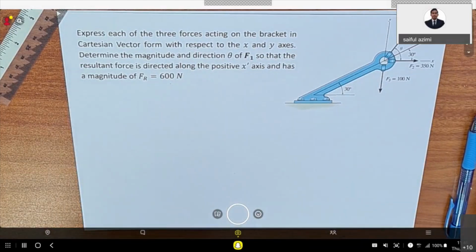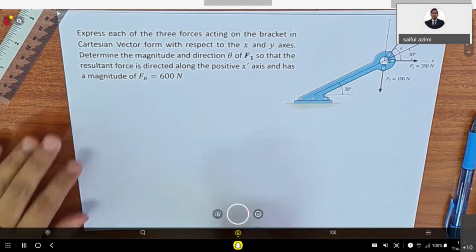It is similar to our previous example where we draw the triangle. But this time, we just put the element of i and the element of j. The element of i is for the x-axis force, and the element of j is for the y-axis force, right?